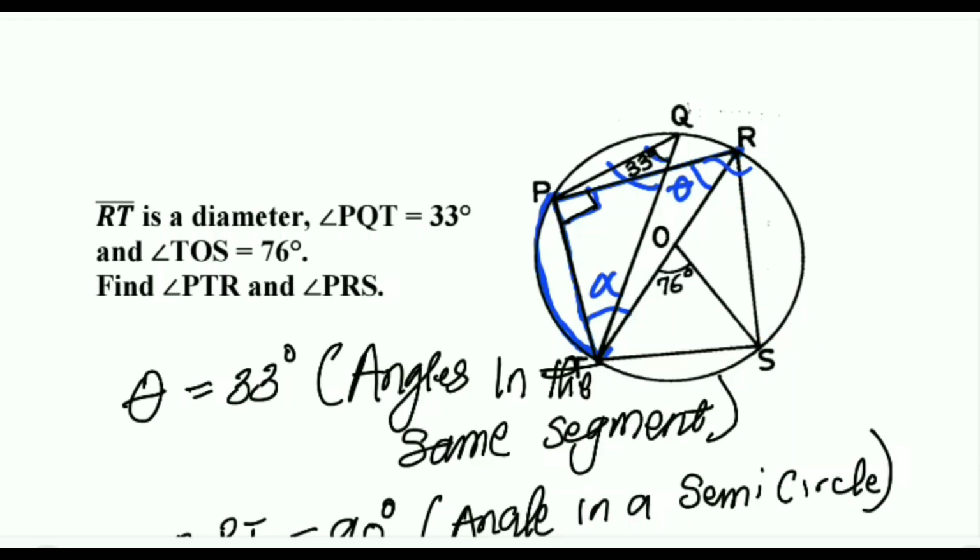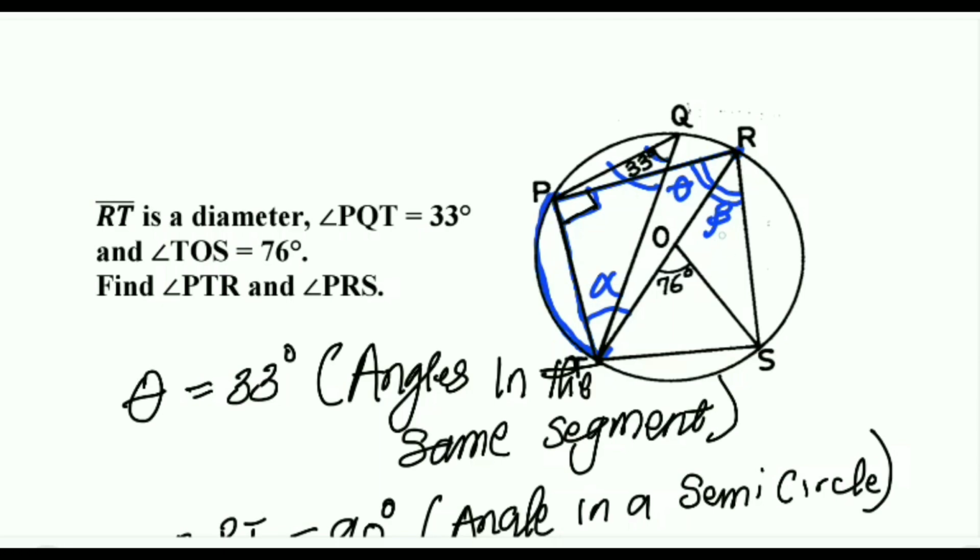PRS is all of this angle here. Let's call this small angle here beta, so that we can say angle PRS will just be theta plus beta. Remember, we've already found theta to be 33 degrees.